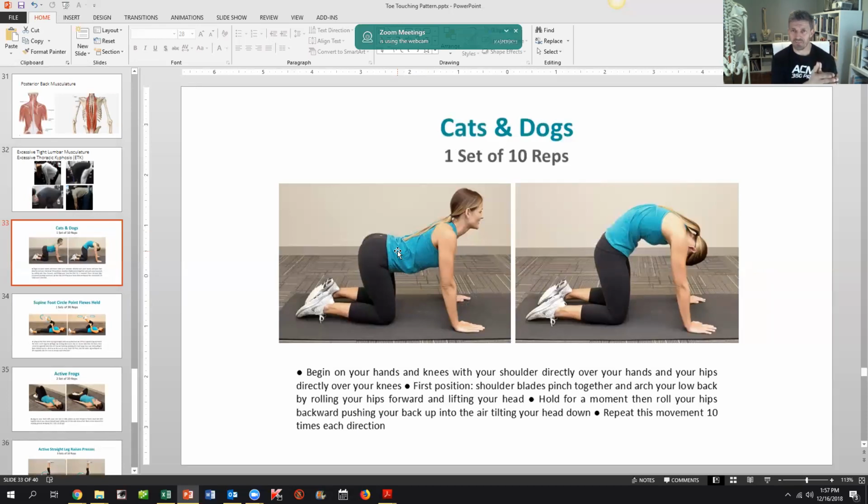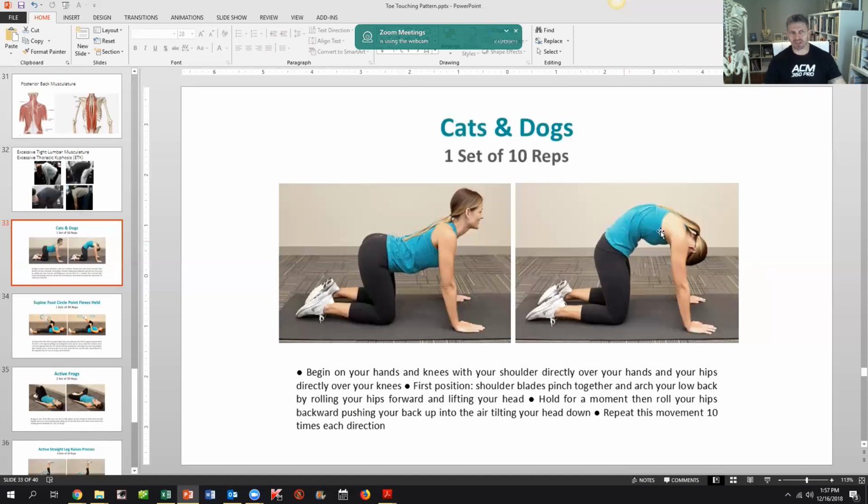From this exercise, I will make some modifications. If I know that someone's got really tight internal rotators, or really tight external rotators, or really tight adductors, I will have them spread their knees apart into a V position, or I may even have them go into a split position with one leg or the other and work through that range of motion to influence more of that capsular stretching.